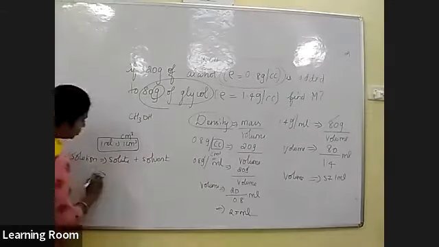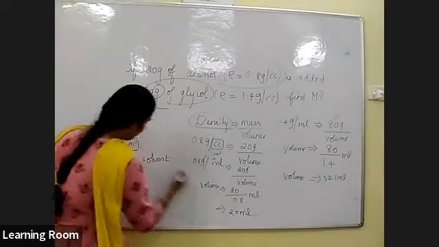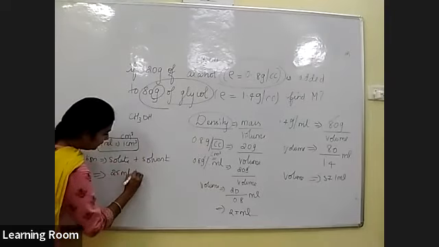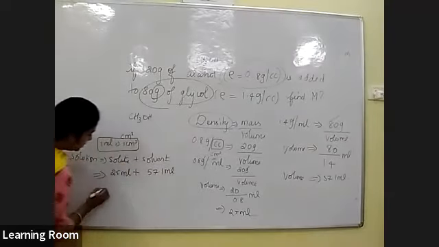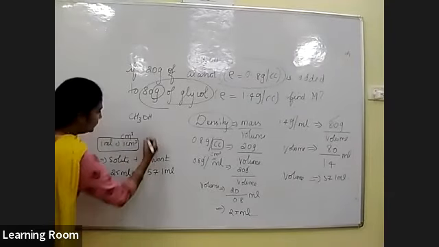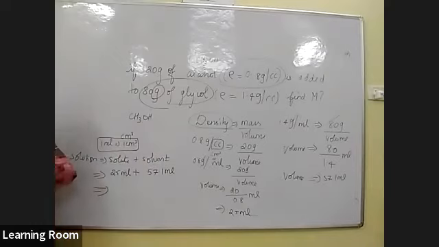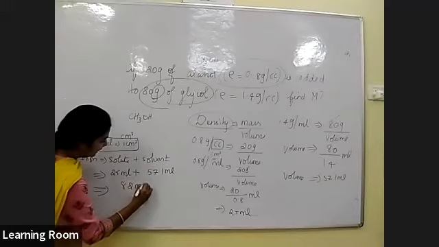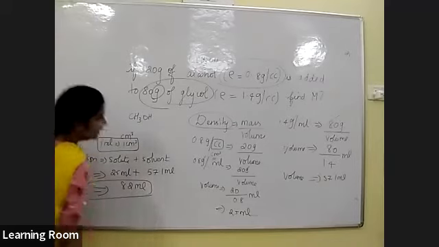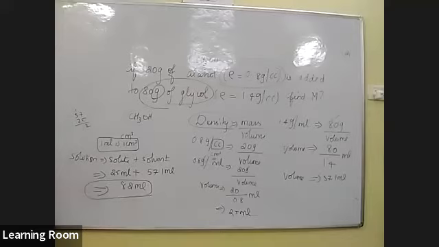Solute, which is present in less quantity, is 25 ml. Solvent is 57.1 ml. So what will be the answer? 25 plus 57.1 is 82.1, about 82 milliliter. So now we got everything, correct? Now you can apply the general formula.